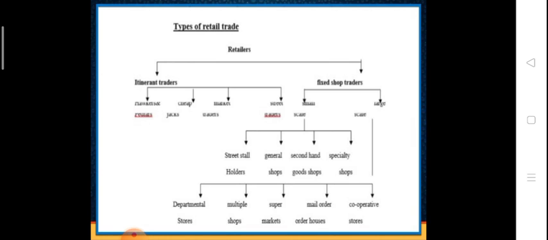Now large ones are like cooperative societies, cooperative stores, mail order houses, supermarkets, multiple stores, we can say chain stores, and departmental stores. So students, this is a classification of retailers which we will learn in detail in our next video, the second part of this chapter.